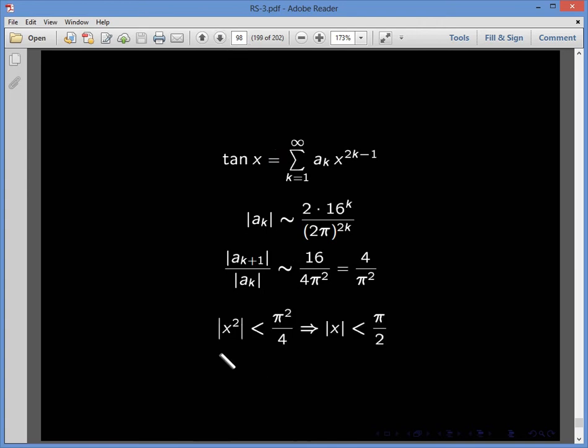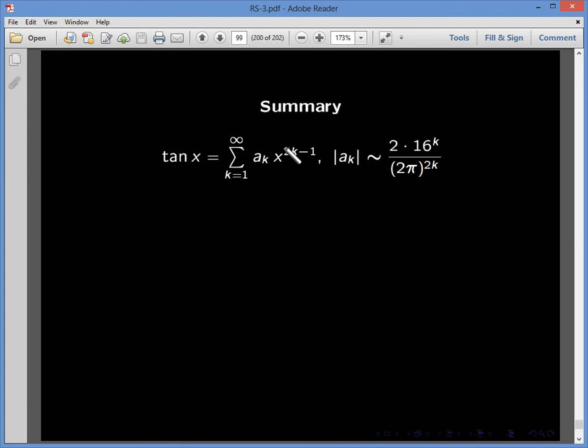So you have to enter like this. So what is the square root? Pi squared divided by 4 gives pi over 2, therefore the radius of convergence indeed goes all the way to pi over 2, where the vertical asymptote is. So that is the asymptotic formula of the coefficient of tangent x, and from there we can compute the radius of convergence nicely.